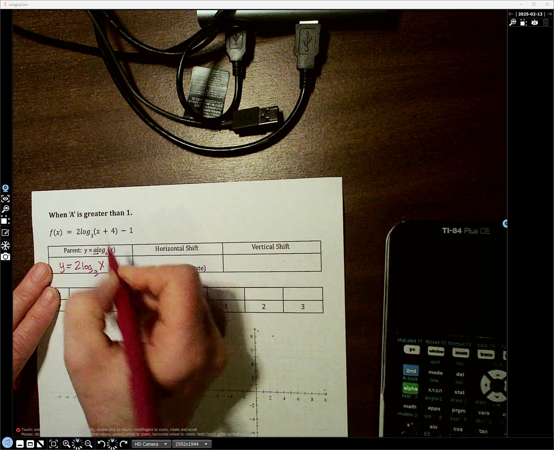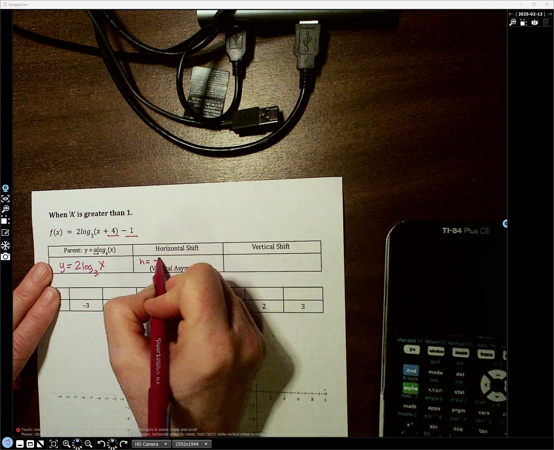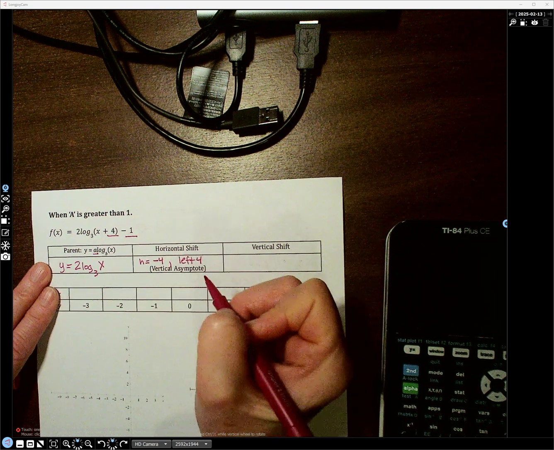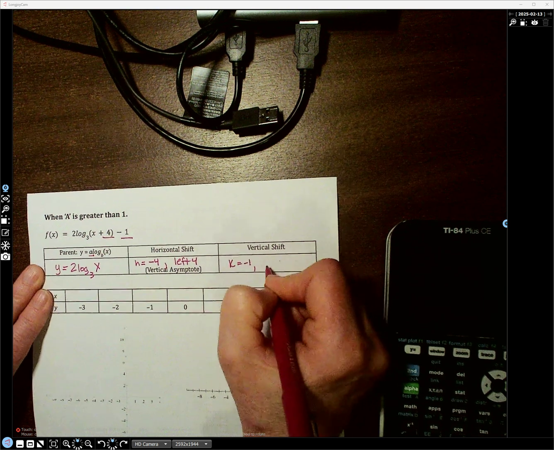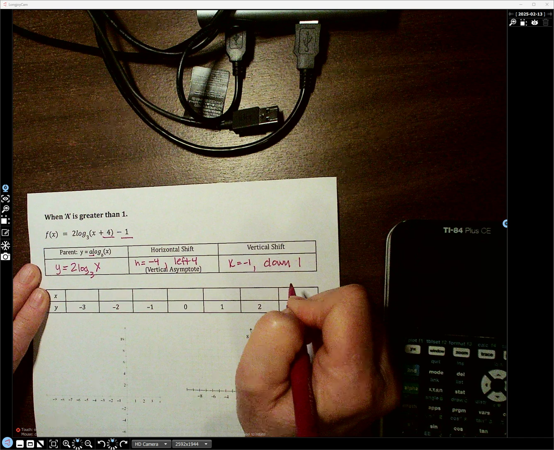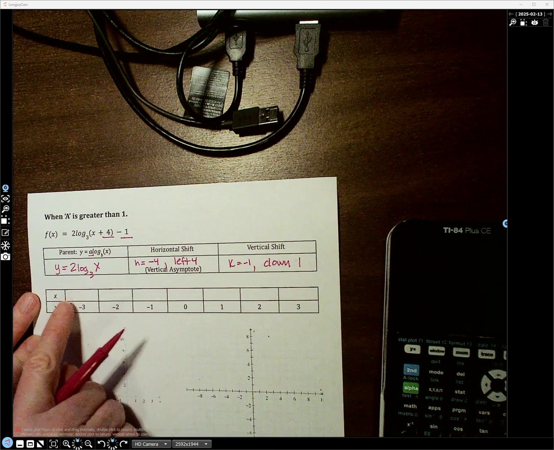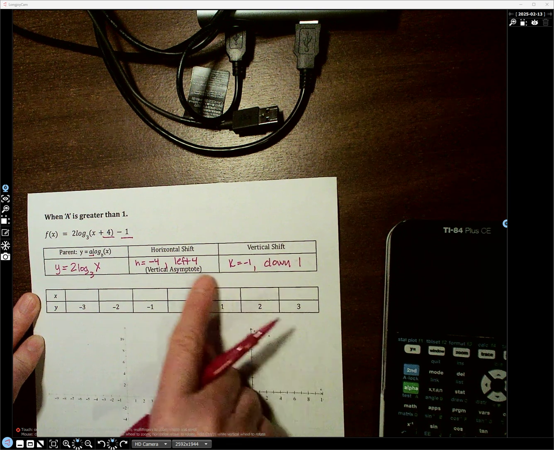Now, h and k. So we see that we have h equals -4. That is going to be a left 4 shift. We have k equals -1. That's going to be a down 1 shift. So we are going to graph the parent with a in our table and then shift every point left 4, down 1.